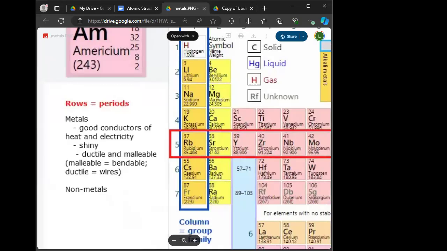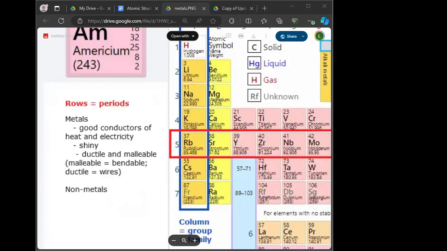Metals tend to be good conductors of heat and electricity. They also are shiny. They are also ductile and malleable. So ductile means that you can stretch it into a wire.